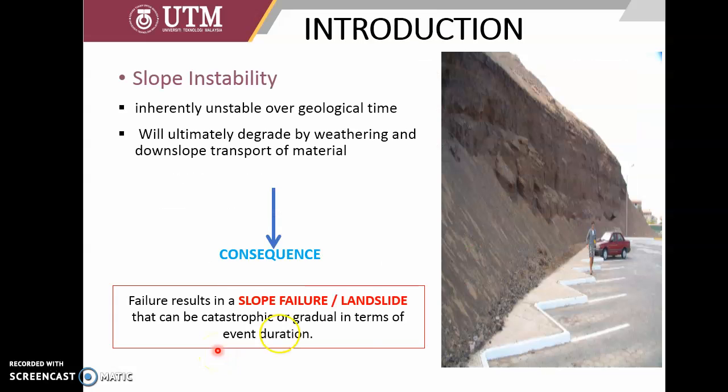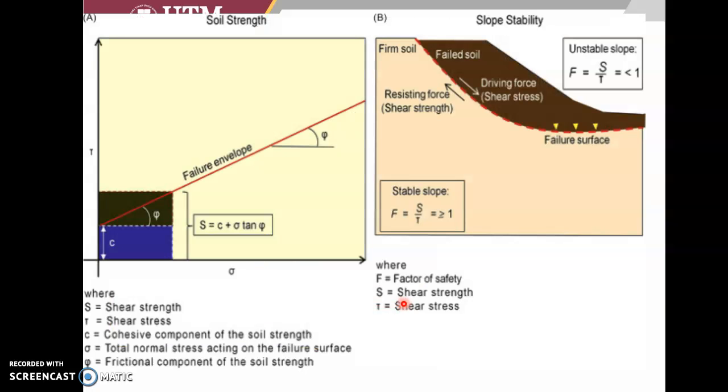Alright, so slope instability will induce and lead to slope failure, as we discussed in the first slide. So if you can recall, okay, the slope stability is very related to the shear strength of the soil.